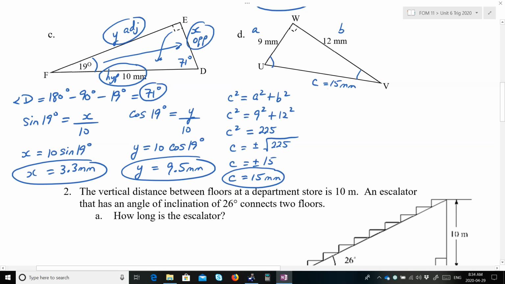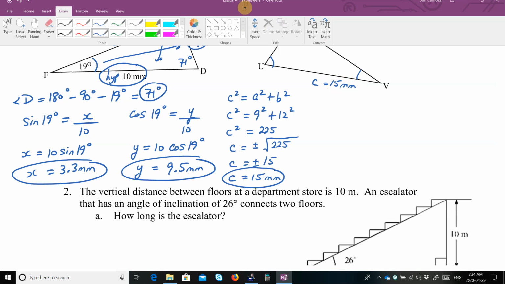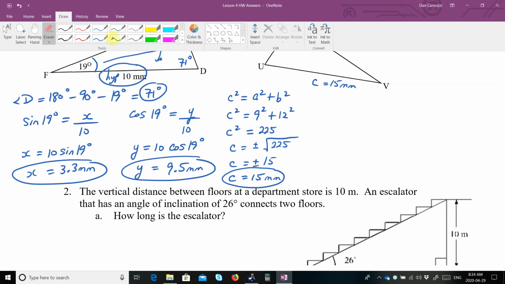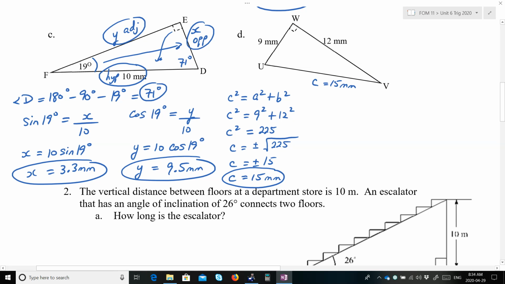Okay, now let's get the angles, and we'll use the sides that they gave to us. So let's try to get angle U, and let's label the triangle based on angle U. Straight across from angle U is the opposite side, and across from the 90 is the hypotenuse, so this must be adjacent.